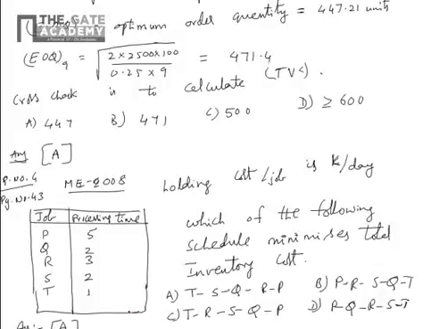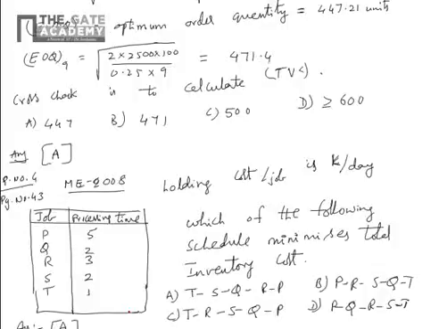If you follow shortest processing time, after 5 days you need to pay less, because by the time of 5 days, three jobs will have gone out. T will go out on the first day itself. After the first day, S or Q will go out after the third day. Again S or Q will go out after the fifth day.